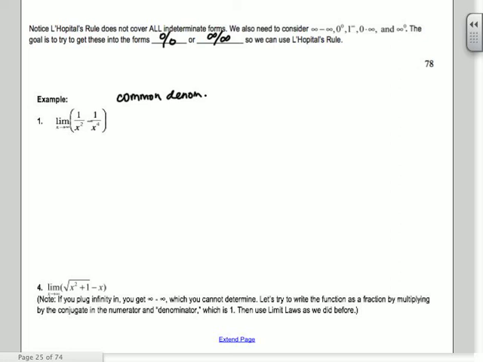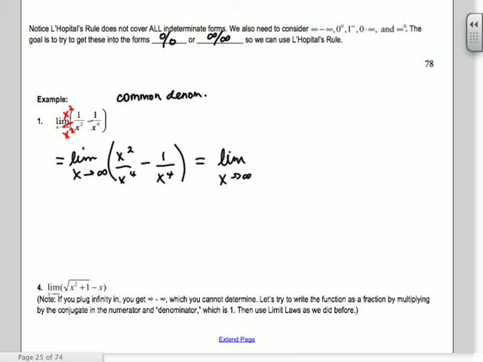So common denominator. The limit as x goes to infinity. I'm going to multiply the first one by x squared over x squared. So I get x squared over x to the 4th minus 1 over x to the 4th. So it's x squared minus 1 over x to the 4th.